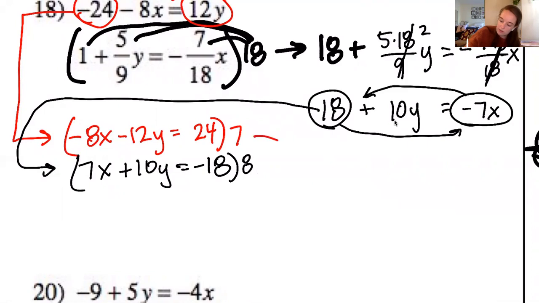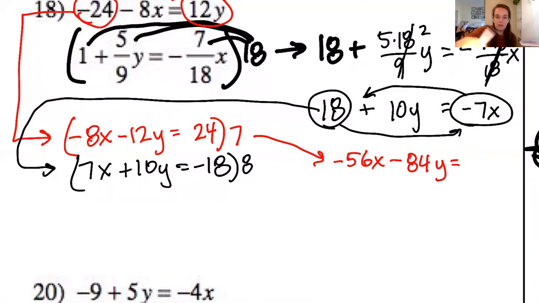So for the red equation, I have negative 56x minus 84y equals, wow, I don't know, 24 times 7. My 7s don't go up that high, 168.